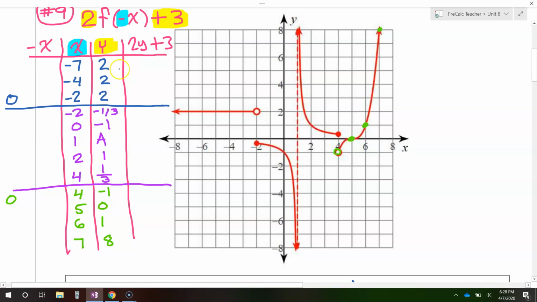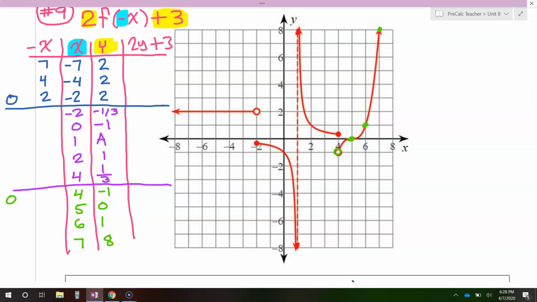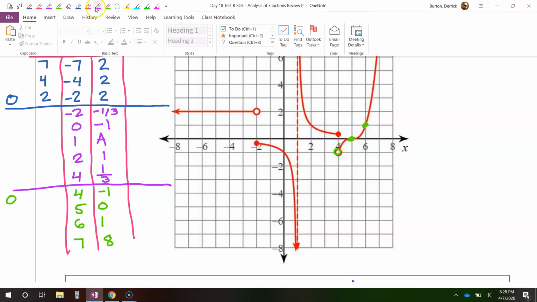All right, so as I do the transformations, I'm going to have, so opposite of x, so that's just going to be 7 and 4 and 2. Okay, I'm just doing the opposite of all the x values.